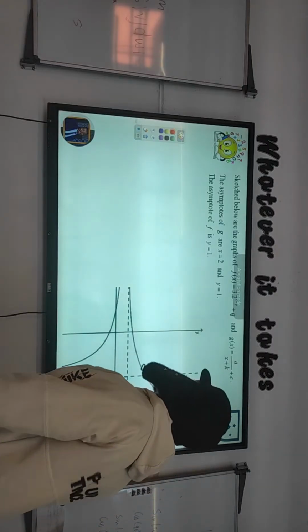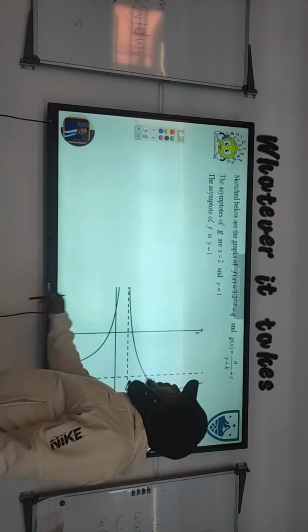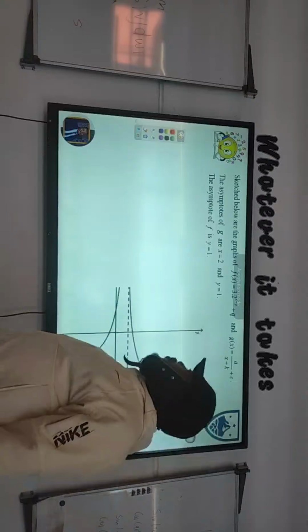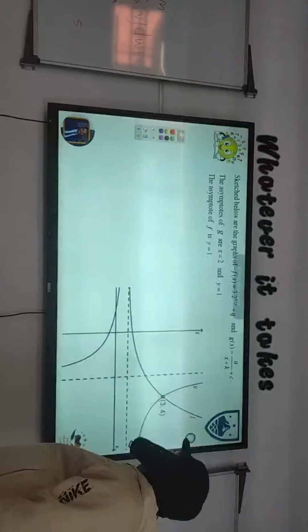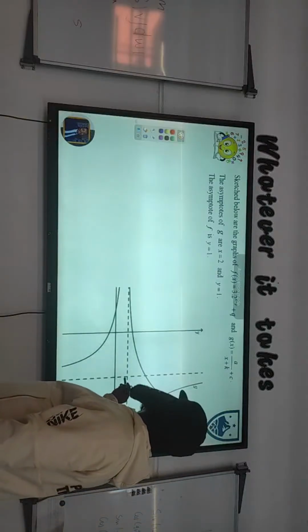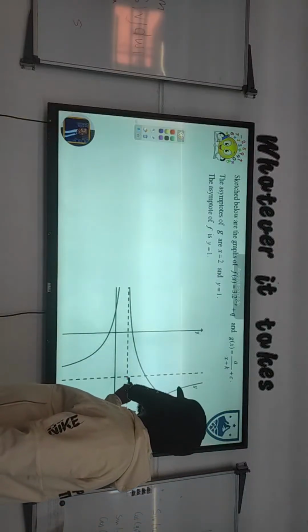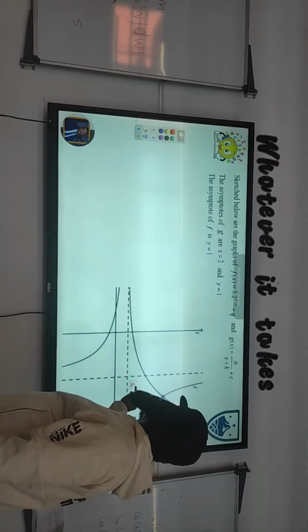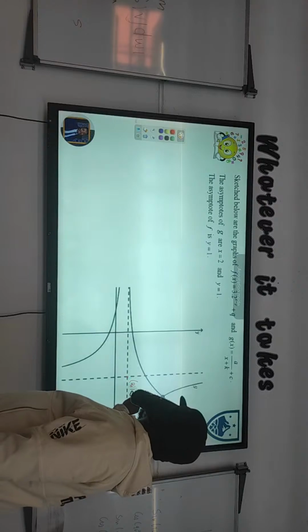Asymptote of G, remember G is your hyperbola. So we have x equals to 2 and y equals to 1.